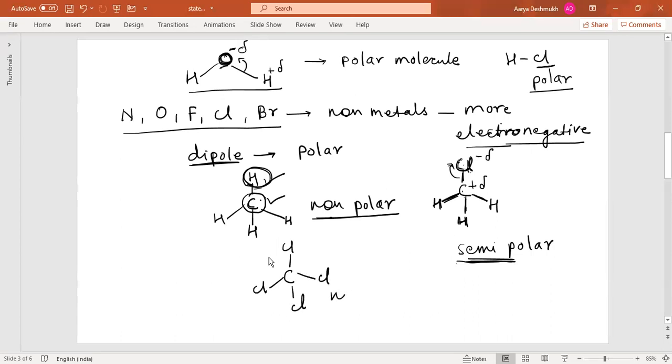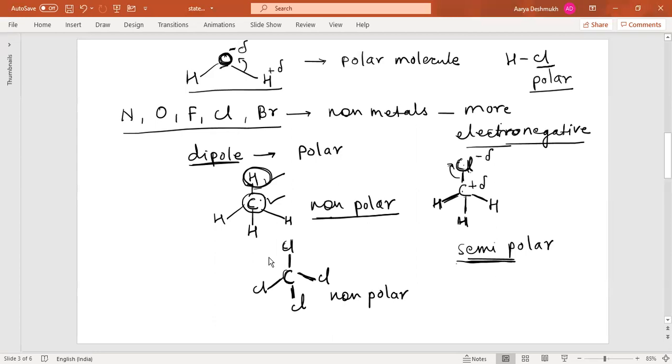Now instead of this, if you take an example like CCl4, carbon tetrachloride, it is again a non-polar one. Though all four chlorine atoms are more electronegative than the carbon atom, all the four bonds between this carbon and chlorine are pulled towards chlorine with the same intensity.